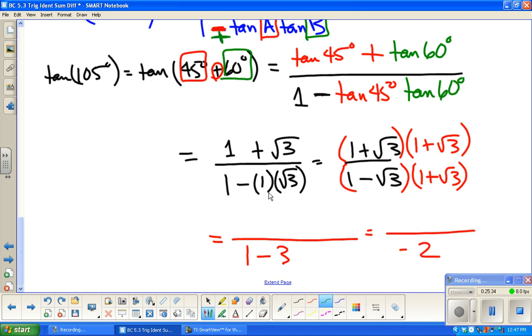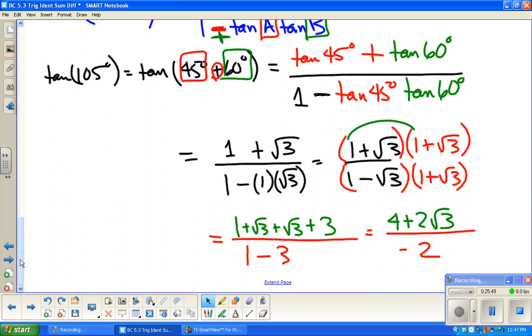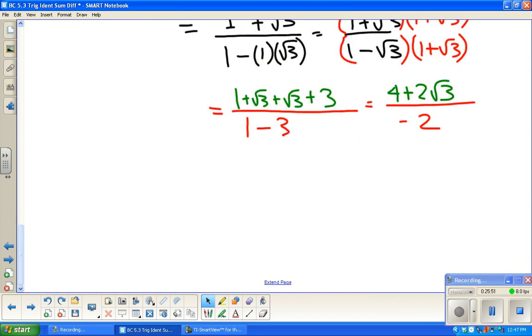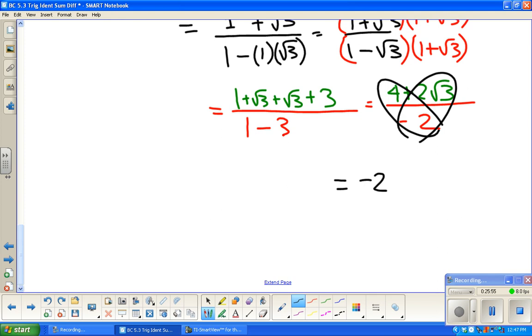The top, well, 1 times 1 is 1. Outer is the square root of 3. Inner is the square root of 3. Last will be the square root of 3 times square root of 3 is 3. So this is going to be 4 plus 2 root 3. Okay. I can divide everything by negative 2, so this becomes negative 2 minus the square root of 3.